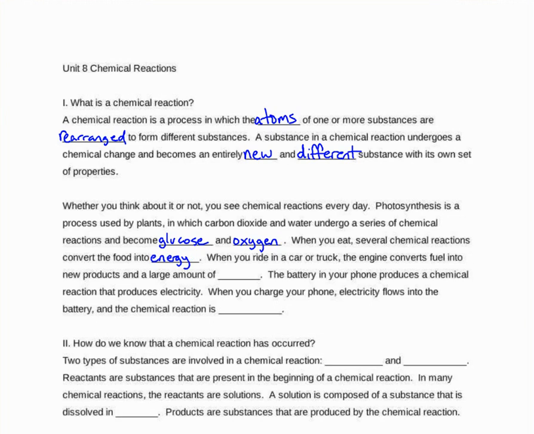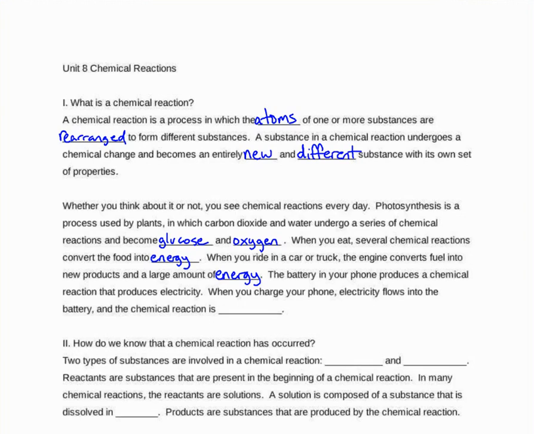This is an example of a reaction where the energy is what we want, not necessarily the products. Riding in a car or truck, the engine is converting the fuel into new products. Yes, things like CO2, H2O, CO, things that we don't really need. But again, it is the large amount of energy that we're interested in.